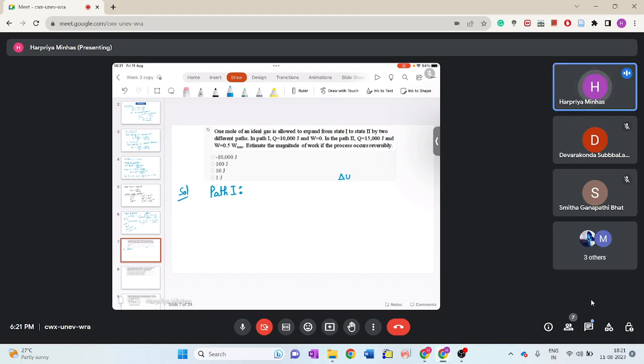Okay, let me solve it for others. So this is the equation that we are using, the first law equation, and for path 1 we have Q equals 10,000 and W equals 0.